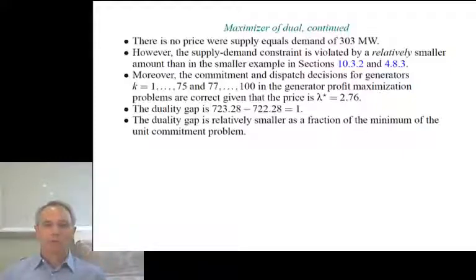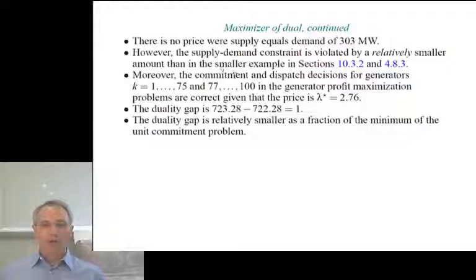In particular, we're only violating it by 3 or 1 megawatts. By judicious choice, it would be only violated by 1 megawatt in this case out of 303, whereas previously the violation was by, let's say, a megawatt out of 4, a much greater relative violation for the small example.